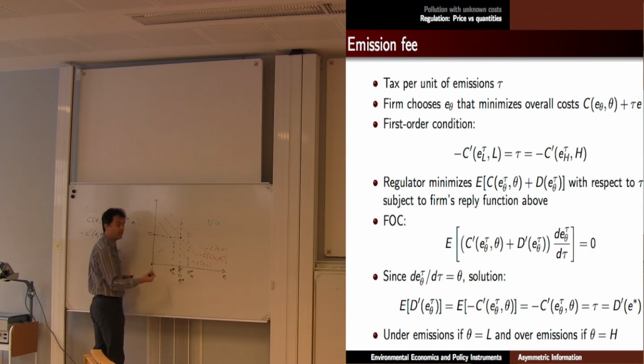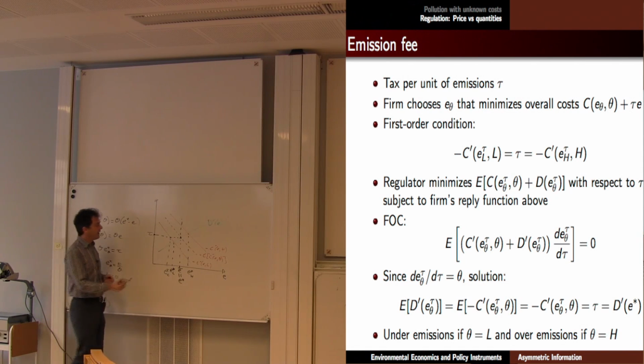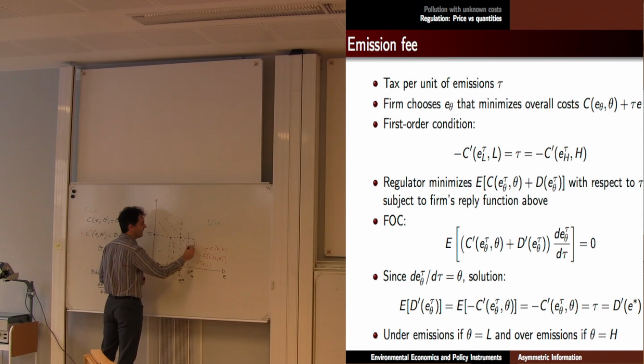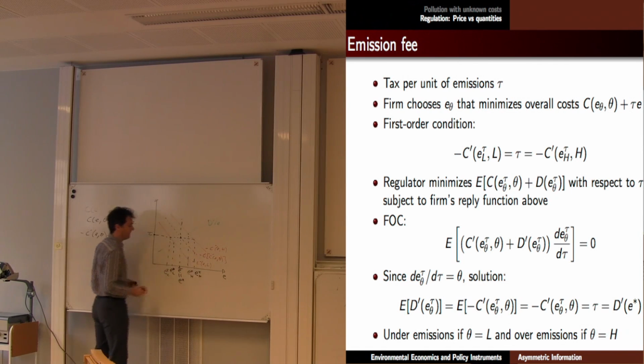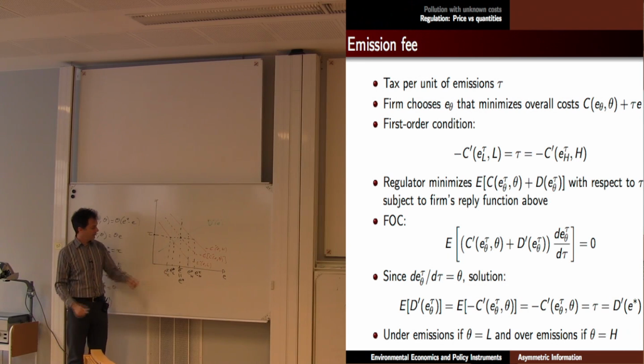Consider the firm of low type or low cost. That will be how much the low-cost firm will emit. But if the firm is of high cost, the firm will emit this. Okay. So you will have two different levels of emission, one for the low cost and one for the high cost.